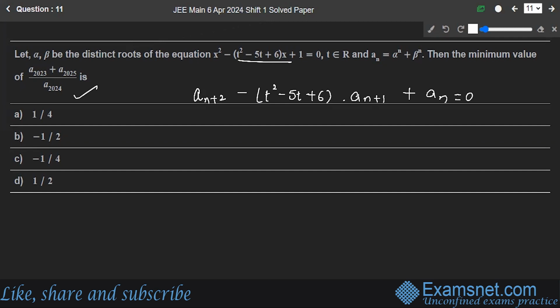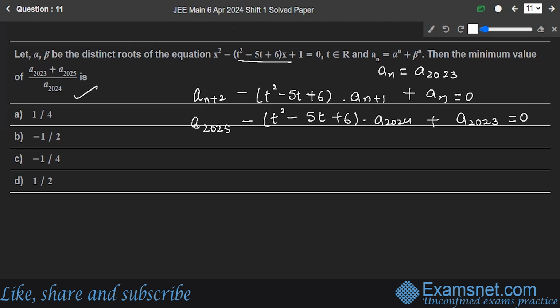So using this thing, if I take a n to be a 2023, this becomes a 2025 minus t square minus 5t plus 6 a 2024, and this is a 2023 is equal to 0.